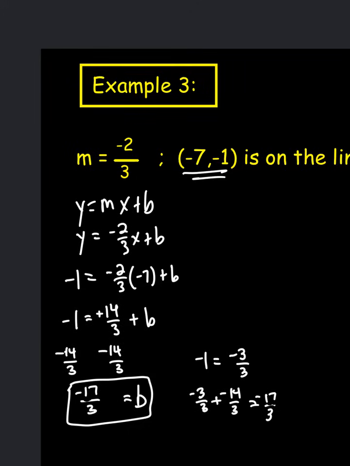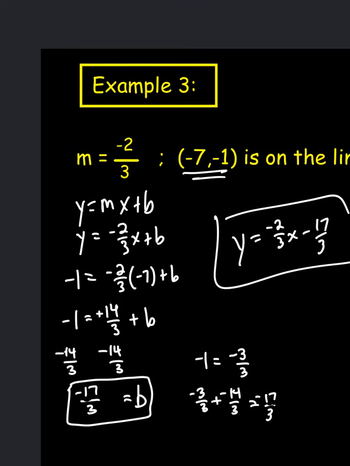Finally. Okay, now we have it. And that's going to be, let's see, 5 would be 15 thirds, so that's going to be negative 5 and 2 thirds if you want to write it as a mixed number. So our equation is going to be y equals negative 2 thirds x minus 17 thirds. And that is it. All right, almost got through there smoothly.